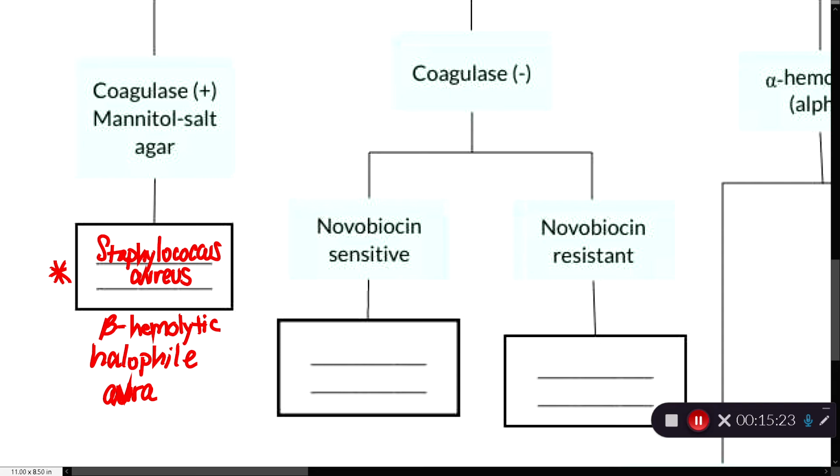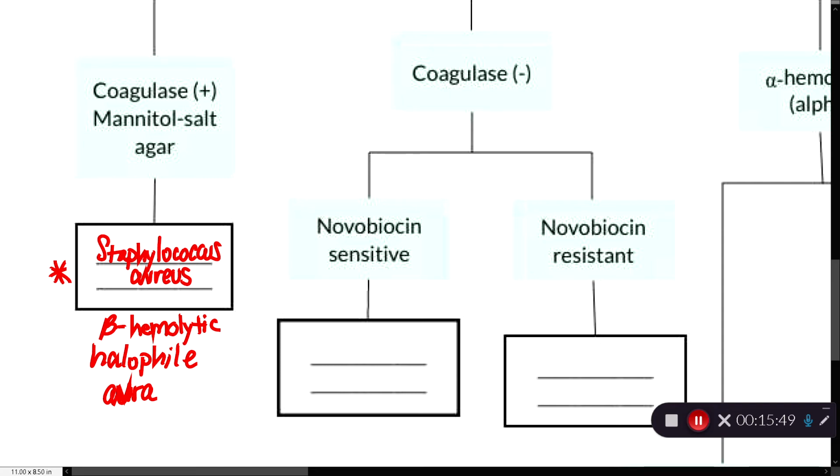So that's why it looks yellowish gold on mannitol salt agar. It's a big halophile, really, really loves salty places. And so that's why it can live in very salty meats like deli meats or very sugary, high solute content foods.